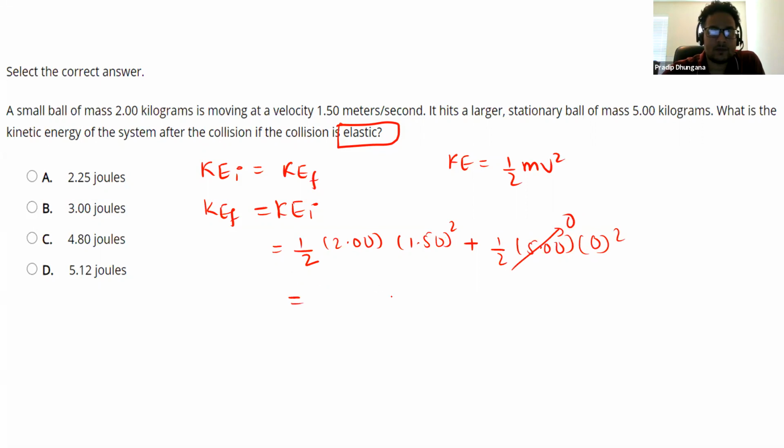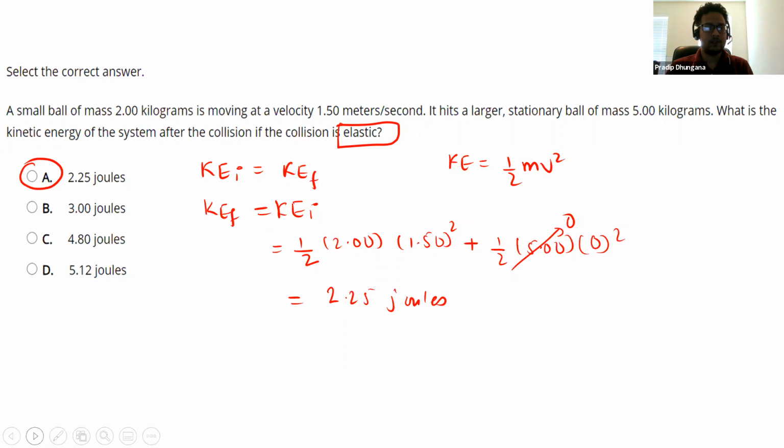And then let's calculate that value. We'll get 2.25 joules. And that is the kinetic energy of the system after the collision. The correct choice is A. Correct choice is A, that is the 2.25 joules.